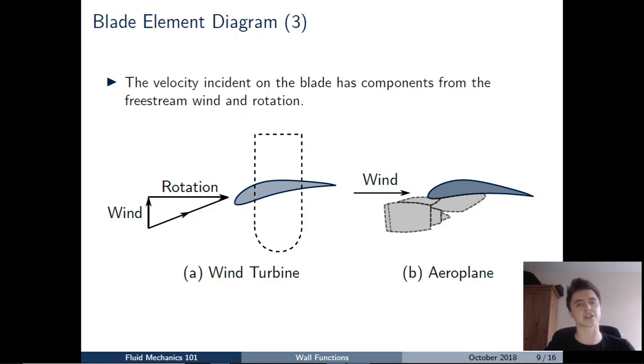So the sections near the root are rotating relatively slowly, whereas as we move out along the blade all the way up to the tip, those sections at the tip are rotating a lot faster. So that rotational velocity component is going to be a lot greater, which will change our flow angle. And don't worry if this is seeming a little complicated at the moment, we're going to dive in in a bit more detail and explain what happens.